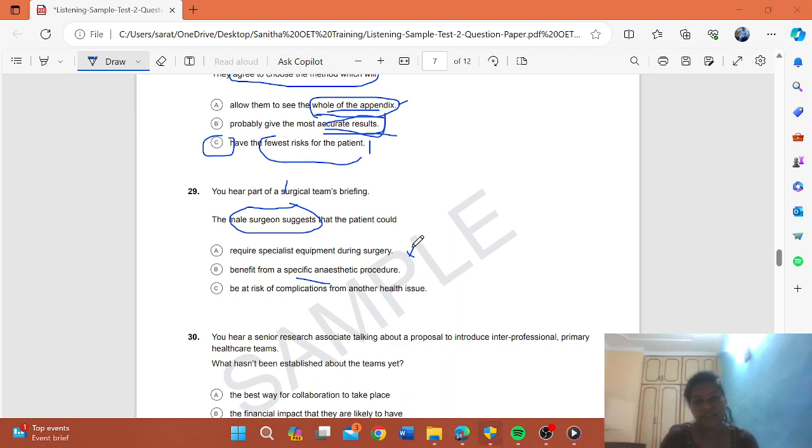So we can eliminate this option. And they said about the epilepsy, it is under control. Because of those two reasons, these two options are not correct. So what you have to listen for is the point the male surgeon suggested, and there you will get the answer.